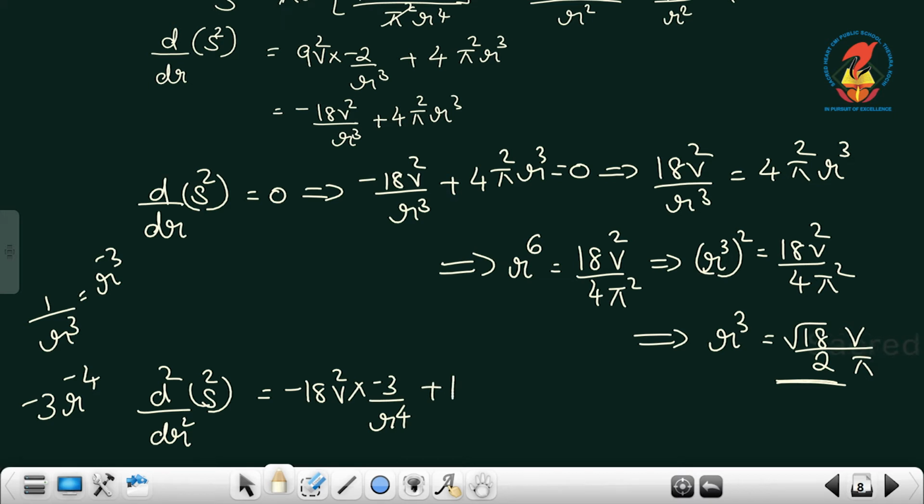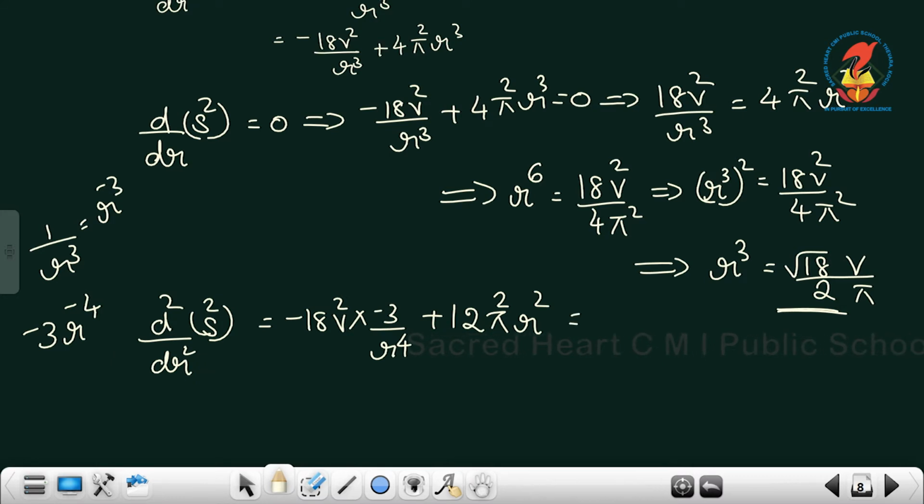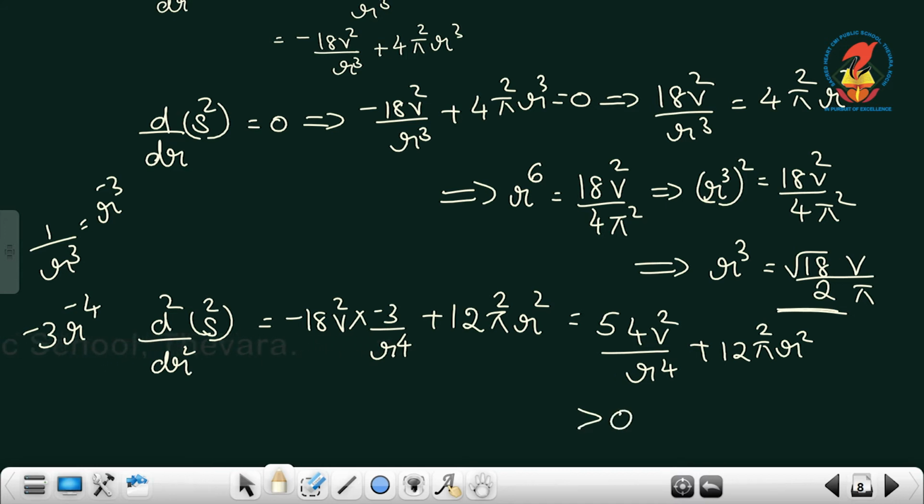R cube is 3r square. So 12 pi square r square. Is it a positive quantity? 18 into 3, 54 v square by r raised to 4 plus 12 pi square r square. Definitely it's a positive quantity. R should be a positive number. So it is positive.